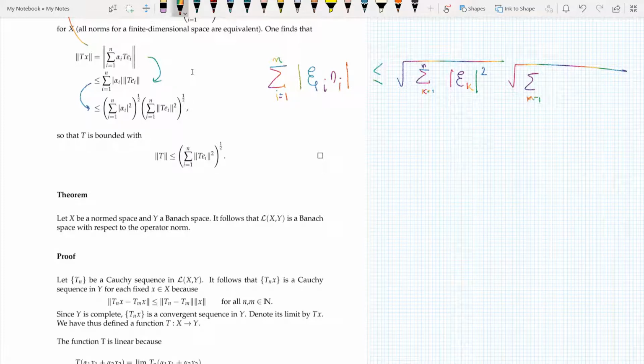Well, this is applicable from i equals 1 to infinity also, so I would change it like this. Rather than n, it's infinity now, and here I can write again eta_i to the whole square.